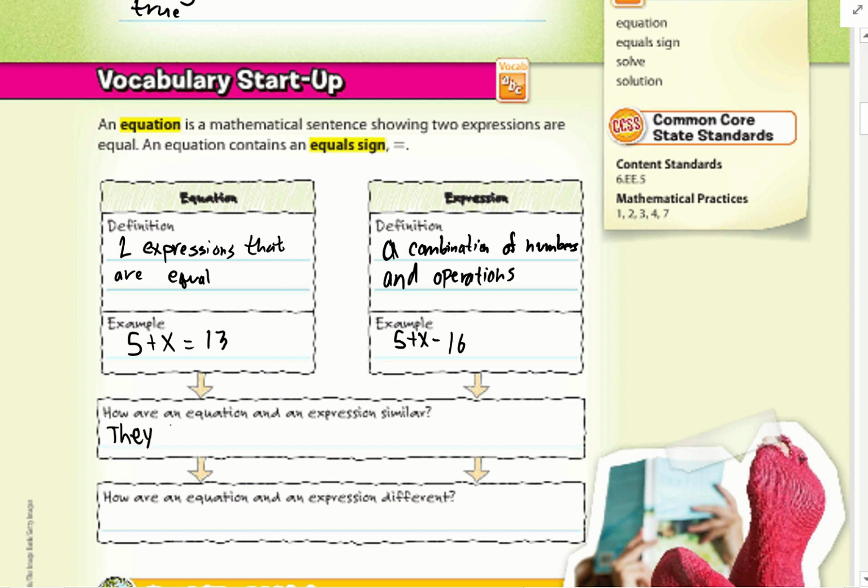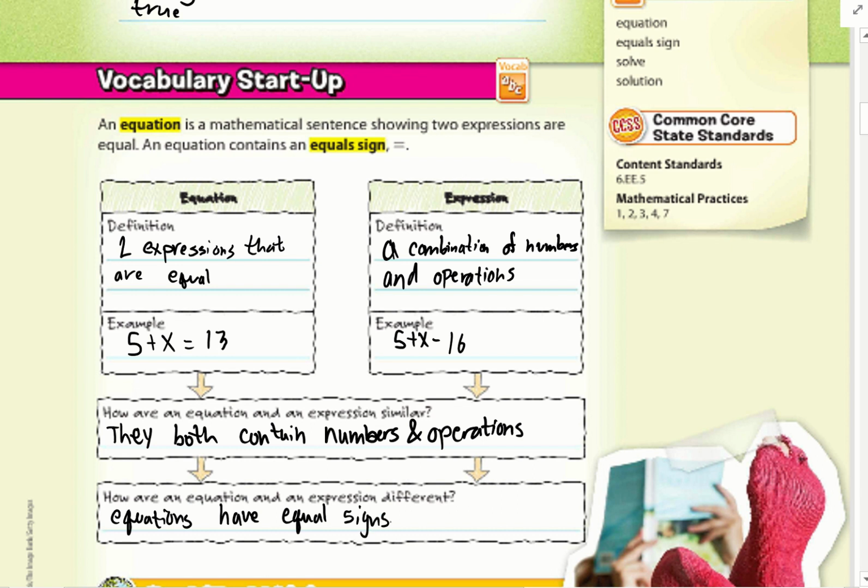They both contain numbers and operations. How are they different? Equations have equal signs. Expressions do not.